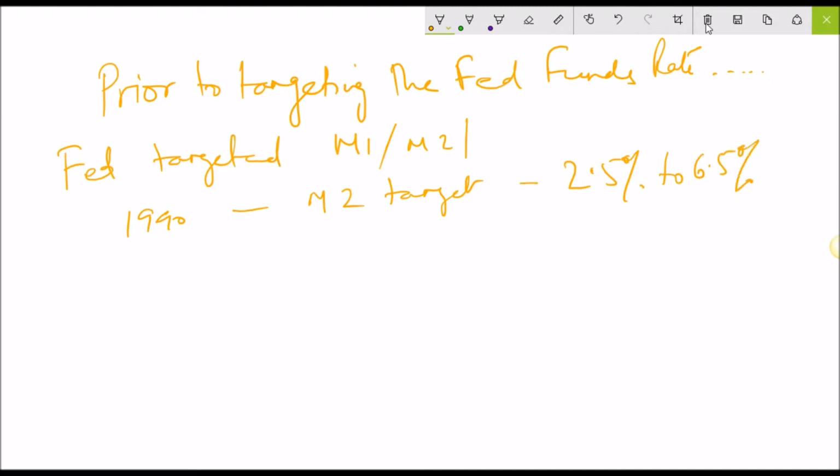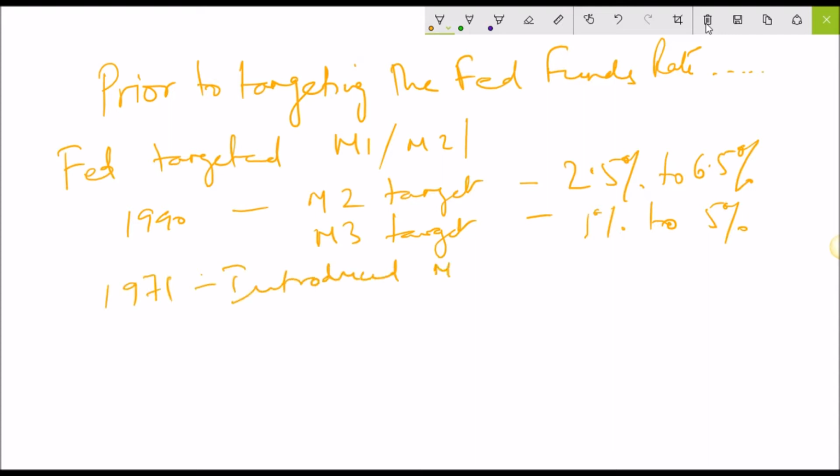Now, the Federal Reserve Bank began reporting data on deposits and currency as early as the 1940s. However, it introduced M1, M2, and M3 in 1971. The Full Employment and Balanced Growth Act of 1978, popularly known as the Humphrey-Hawkins Act, required the Fed to set one-year targets for money supply growth twice a year.